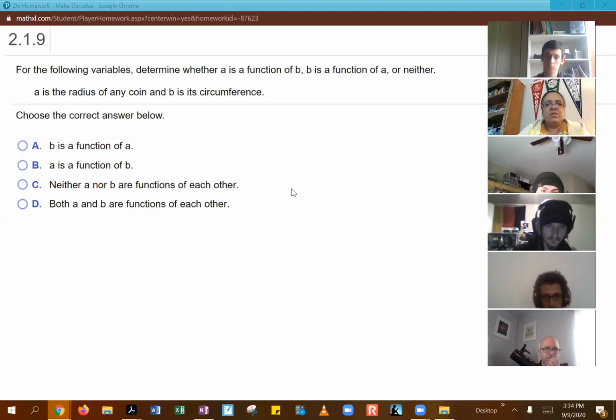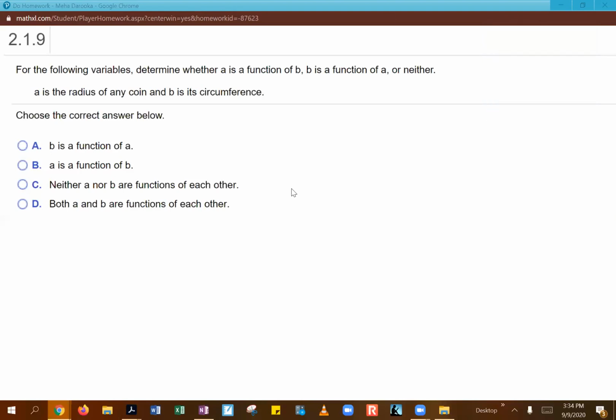Okay, so they're talking about a coin, but we're talking about, in general, a circle shape over here. So when you're talking about the circumference of a circle, the formula is 2 pi r.